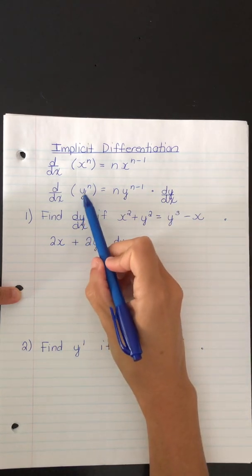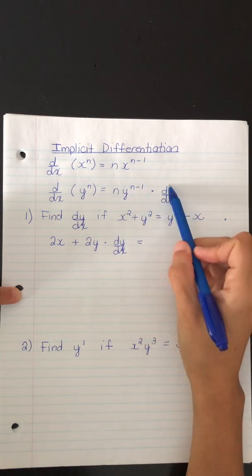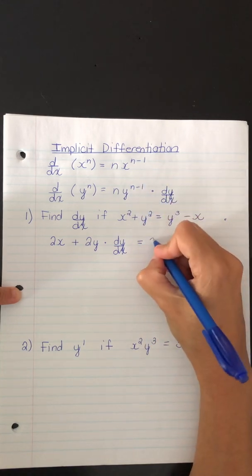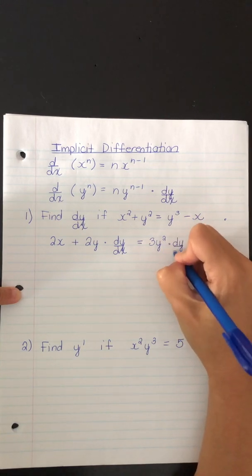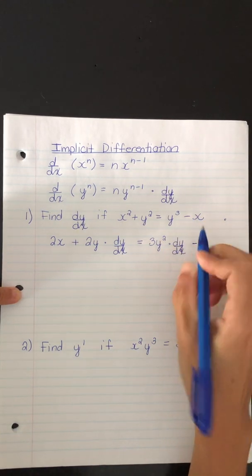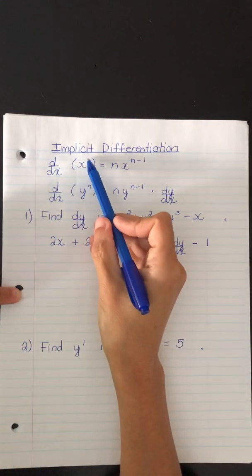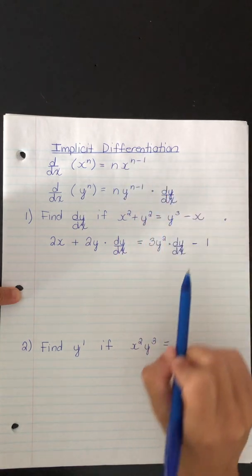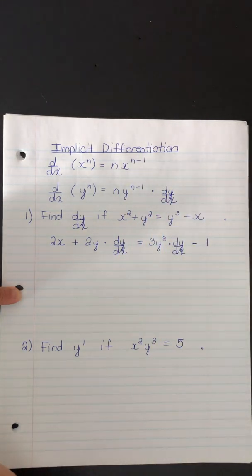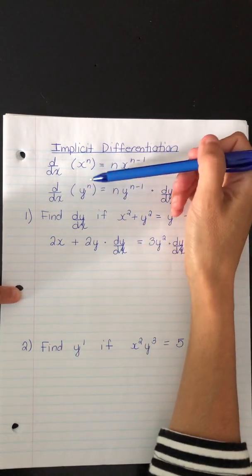What's the derivative of y cubed? 3y squared times dy by dx. Minus the derivative of x, of course, is 1. It's x to the 1, so its derivative is 1x to the 0.